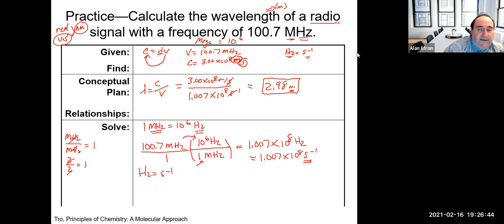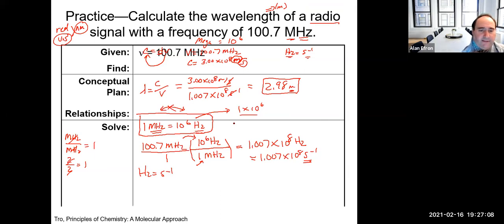Any questions on how to calculate the wavelength, the frequency, any of those things? These types of conversions where we use those prefixes are super common. People are always reversing them or using them incorrectly. And again, that's the same as 1 times 10 to the 6.